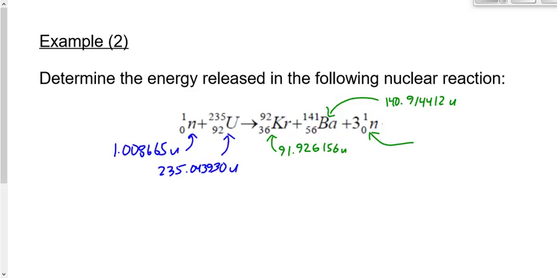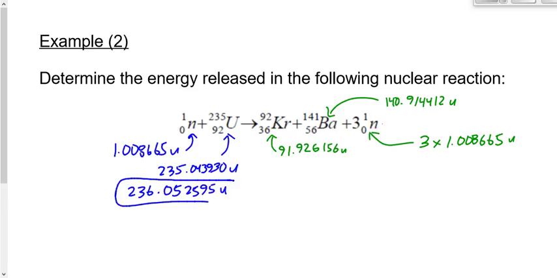And this is 3 times 1.008665, because there's 3 of them, right? We add up all the numbers on the left-hand side. We get 236.052595. And on the right-hand side, we add up all those green numbers. We get 235.866563 atomic mass units.